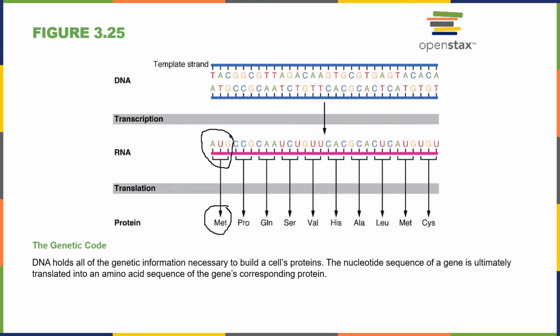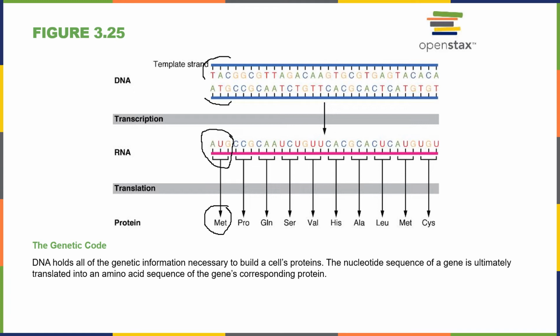So this is methionine. It's our start codon. It's our first amino acid. So where did we get all this? Here's our template strand. This is our DNA, our double-stranded DNA. We've got TAC, we've got AUG in our RNA, we've substituted that T for a U, and that codes for methionine.